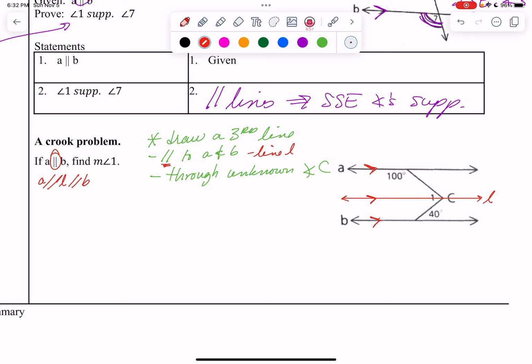So when I look at, let me change colors here. When I look at these two lines, so A and L, what are these two angles? These two angles that I've circled, those are same side interior.